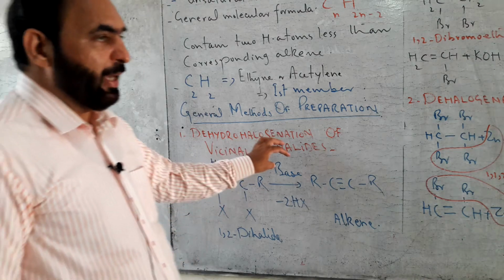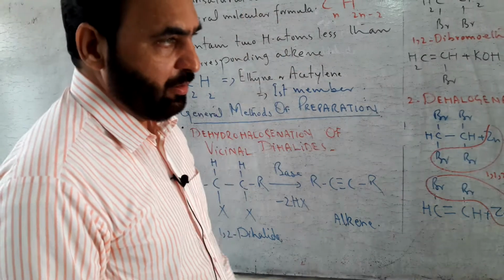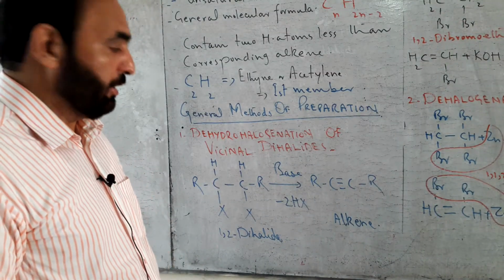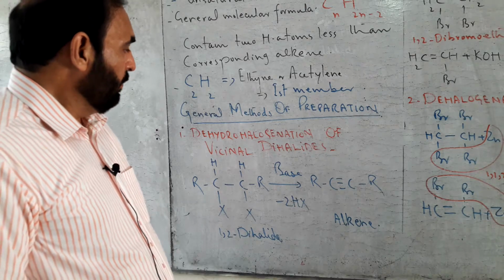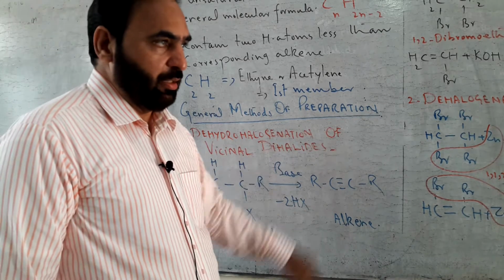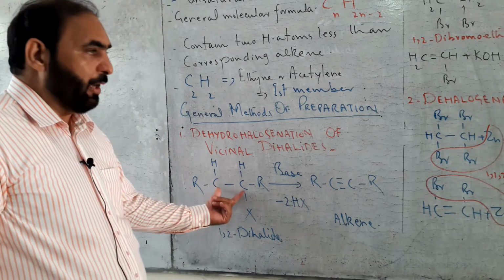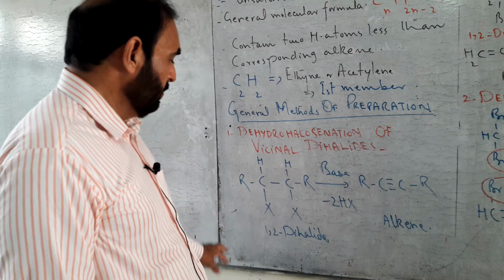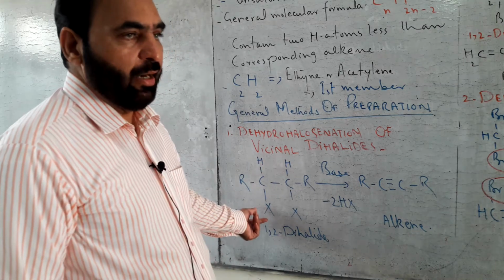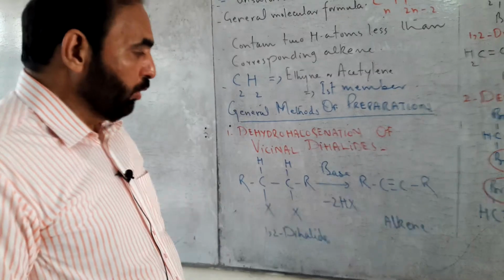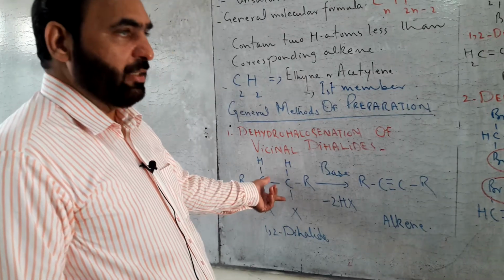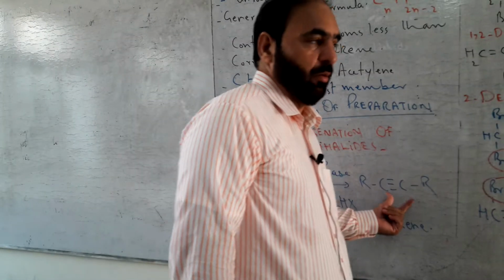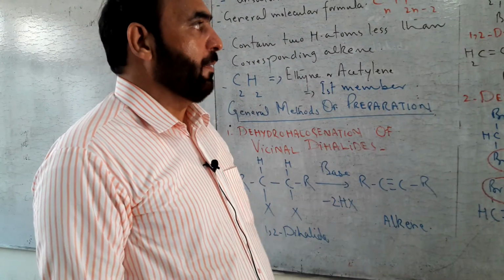In the presence of a base like potassium hydroxide, as has already been used in the preparation of alkene, double dehydrohalogenation occurs. Both 2 carbon atoms have to release their 1 hydrogen atom and 1 halogen atom in 2 steps, as a result of which CC single bond is converted to CC triple bond, and the product is an alkyne.